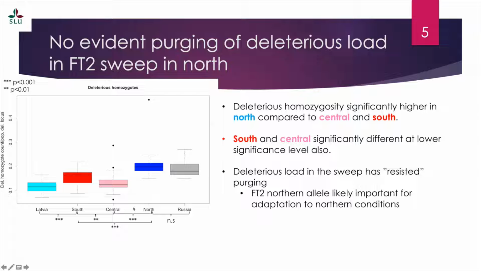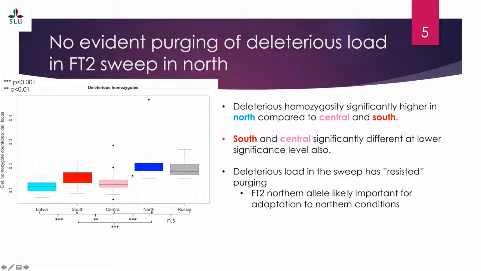However, in the case of FT2 sweep, the North population also has more deleterious load than the central population. And what is also interesting is that there is no significant difference in deleterious load between the Russian and the North population.